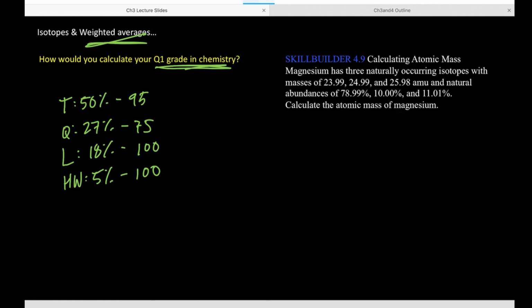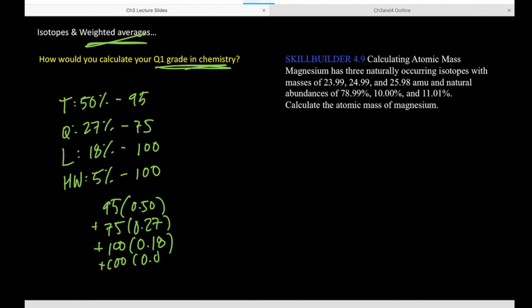We always turn them into decimals. So we're going to take our 95 times 0.5 plus 75 times 0.27 plus 100 times 0.18 plus 100 times 0.05.